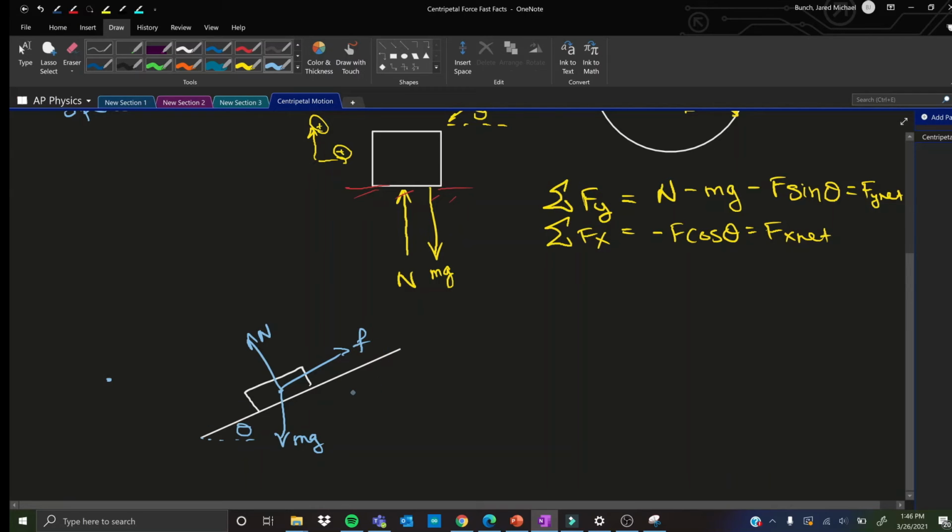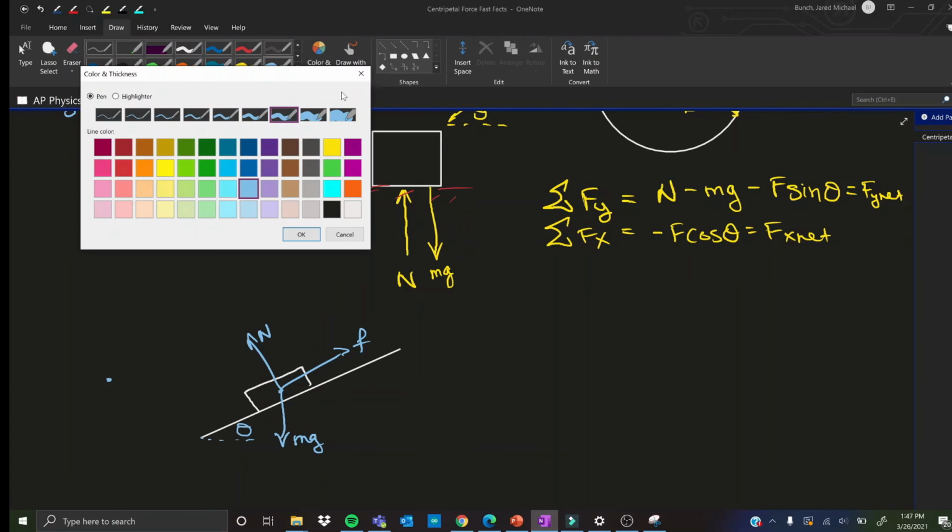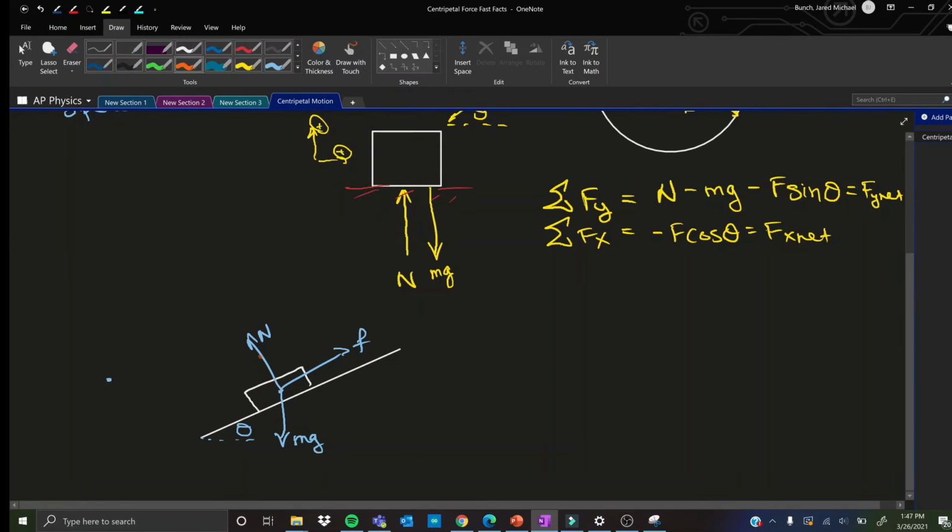And so I don't want you to get lost in why did he draw the friction that way, or how is he getting these angles? Don't get lost in that right now. I just want to explain how centripetal force works as a net force. So similar to how we summed our forces in the y and x direction, we are also going to sum our forces in the radial direction here, because we're dealing with a centripetal force. We're working in circular motion. So we're going to break this normal force into a radial component and a vertical component.